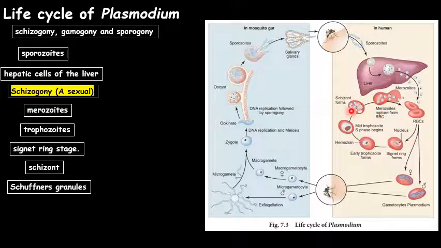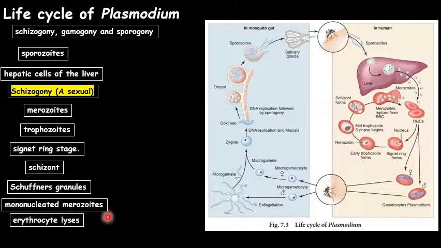Granules. So then finally what happens: it reaches erythrocyte lysis. During this process, as soon as the merozoite enters, it will be mononucleated, and when the genetic material slowly grows and enters the signet ring stage, it develops and multiplies and produces more schizont granules or merozoites.